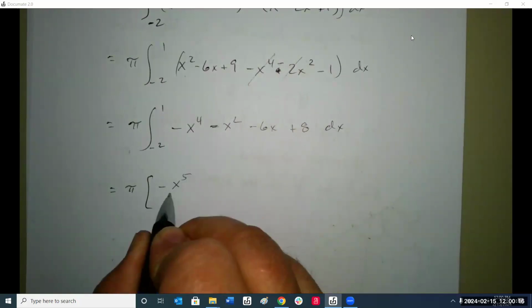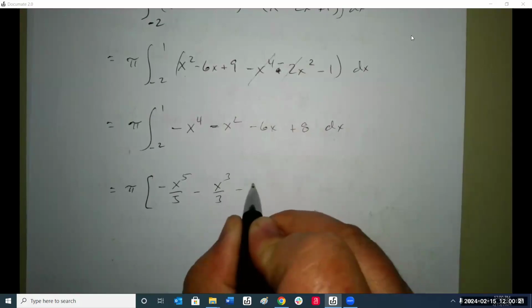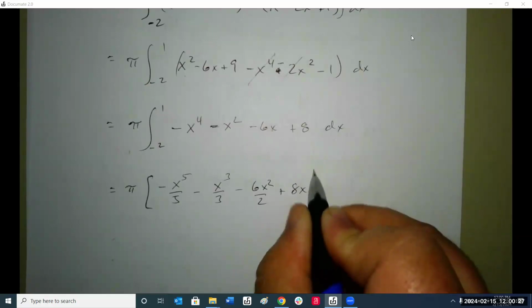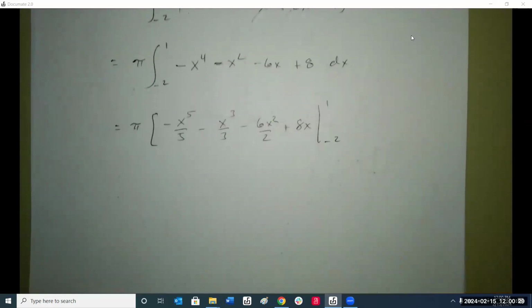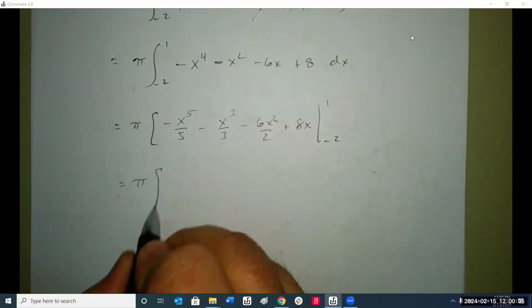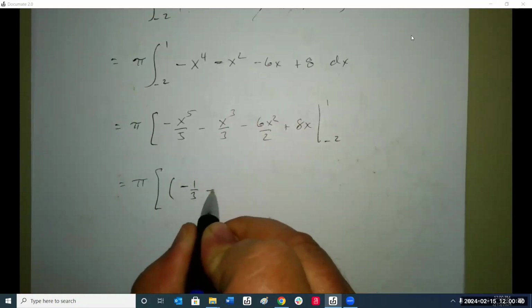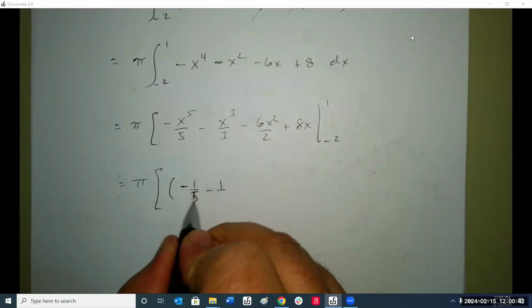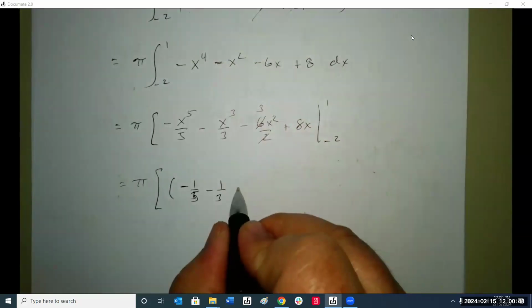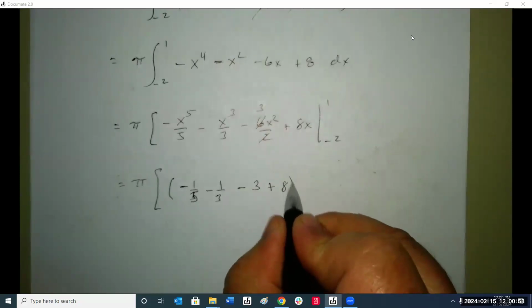Minus x to the 5th over 5, x to the 3rd over 3, x squared over 2, 8x. Negative 1/5, minus 1/3, minus 3, plus 8.